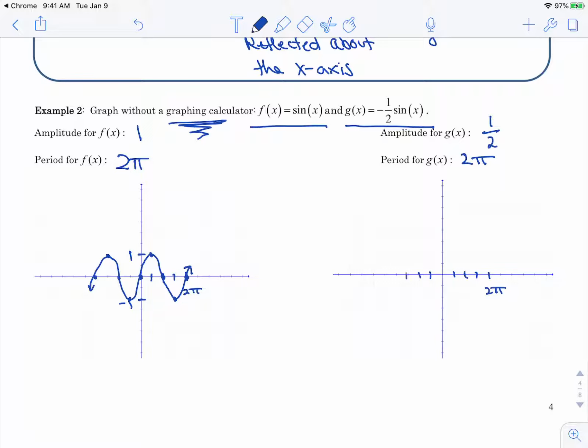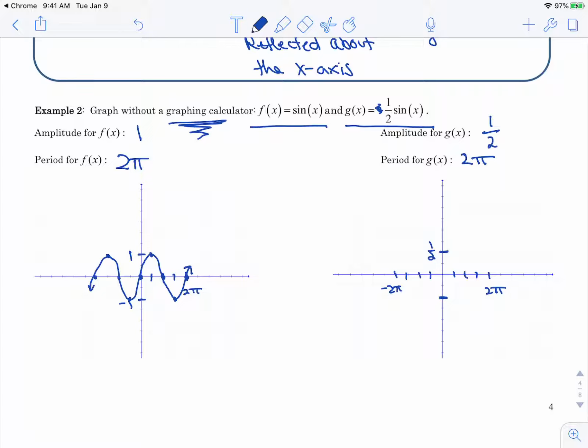I know there's a negative in front, and we're going to talk about that in a second. My amplitude is 1/2. I could make it really tiny, but it's going to be hard to see, so I'm just going to make this one be 1/2. Again, you can make your scale whatever you'd like. So this second check mark would be my -1/2. I'm going to ignore this negative for a second and talk about it at the end.